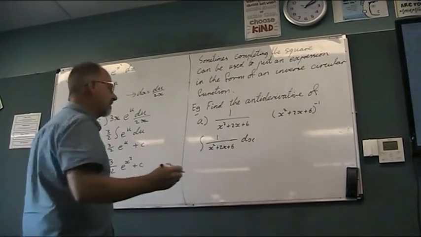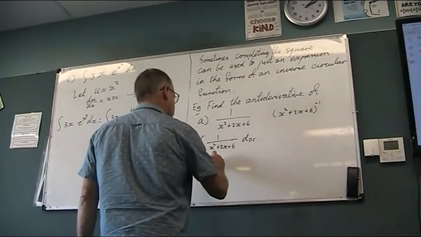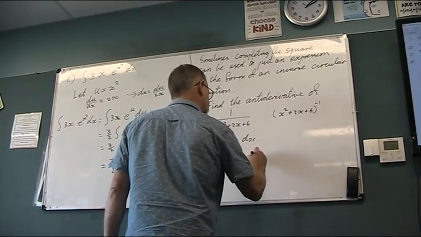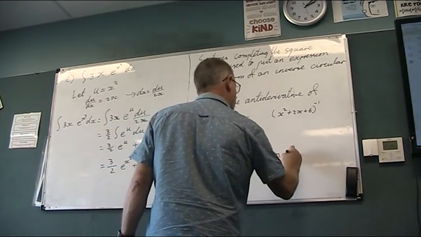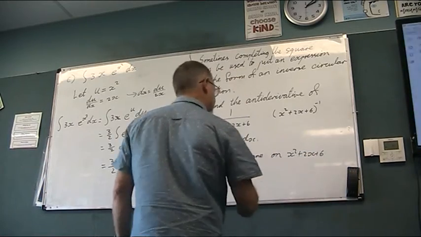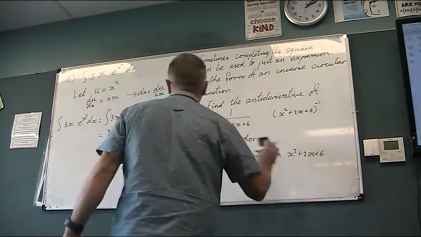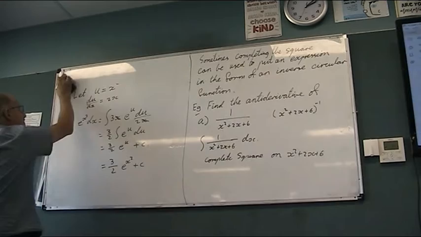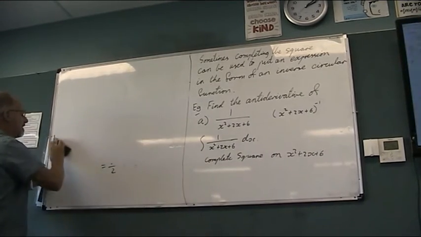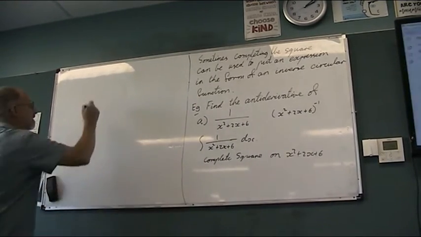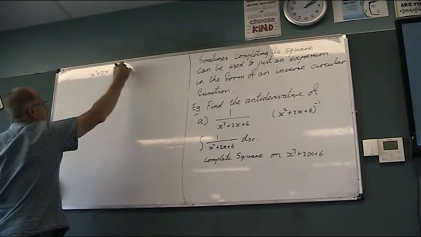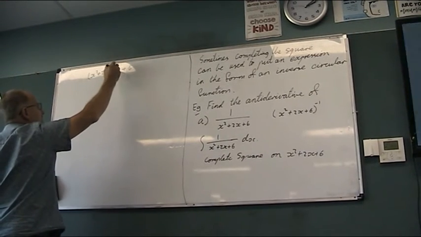Now, if we complete the square on x squared plus 2x plus 6, I'm out of room there, so I'll do it over here. What do we end up with? We've got x squared plus 2x plus 6. I'll make a perfect square out of that.